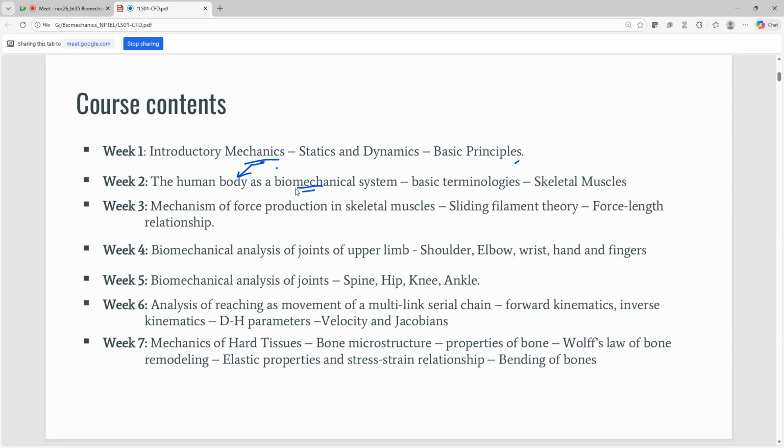Then only the force develops. So how that force acting on particular muscles and other connective tissue helps the organs or limbs to move is discussed in week 2.